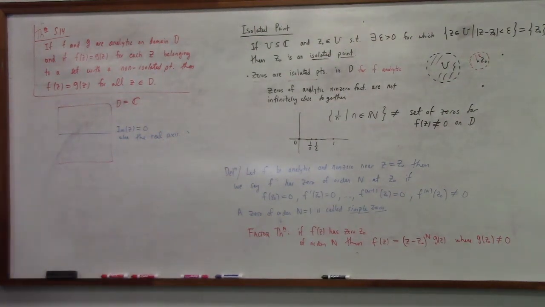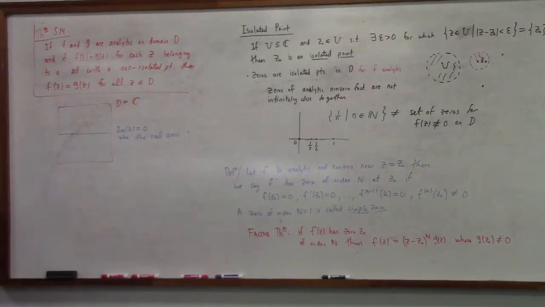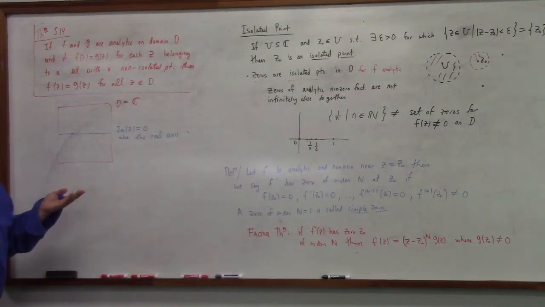This is certainly a set with a non-isolated point, and it's talking about isolation with respect to the set itself, as a subset of D. Non-isolated with respect to the complex plane is almost a tautology, since every point in the complex plane is not isolated.